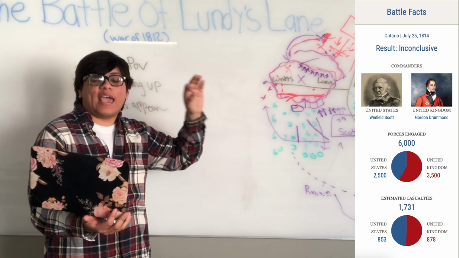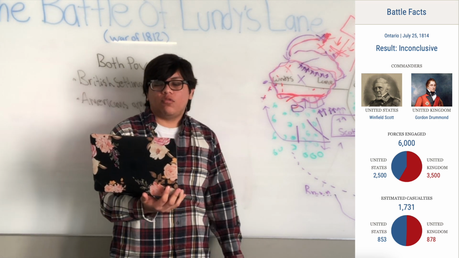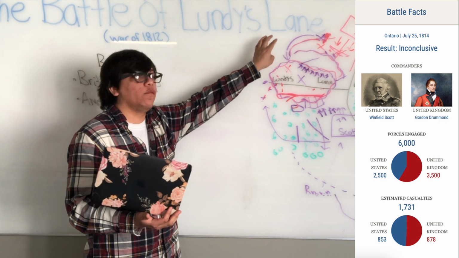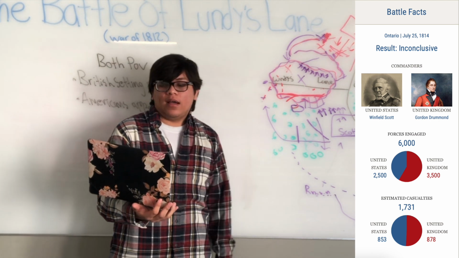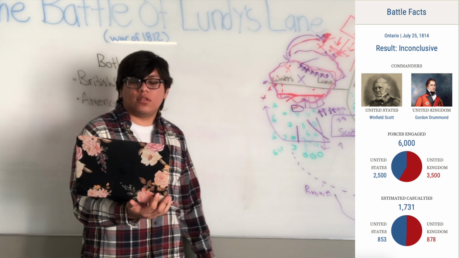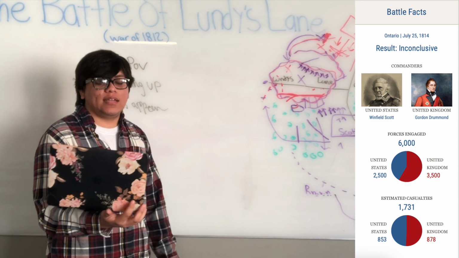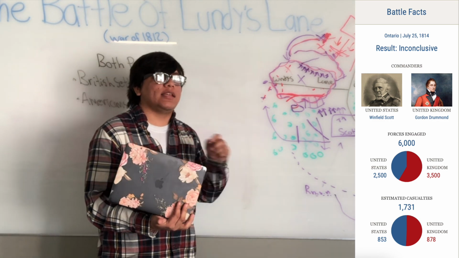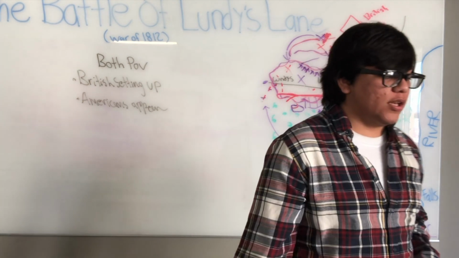And the total casualties on both sides was 1,731. So 6,000 total were involved in the battle, and 1,731 ended up dying. The United States lost 853, while the British Canada lost 878, my bad. But yeah, I hope you guys enjoyed this video.